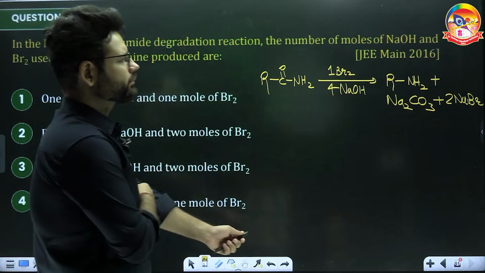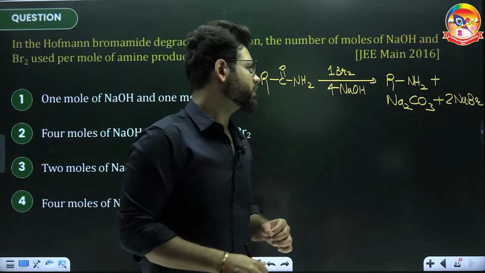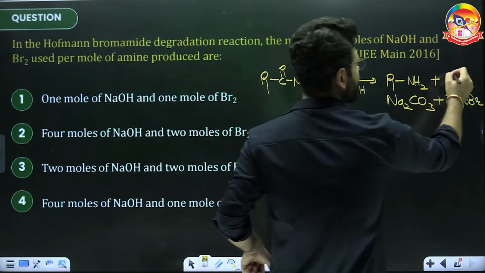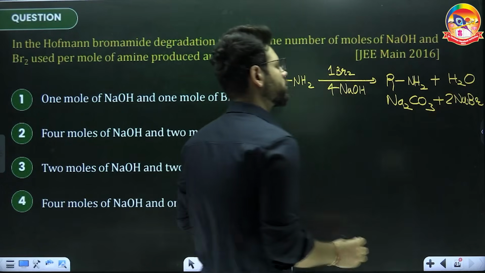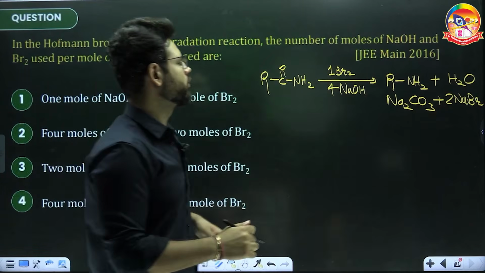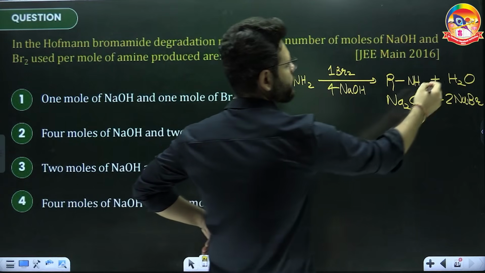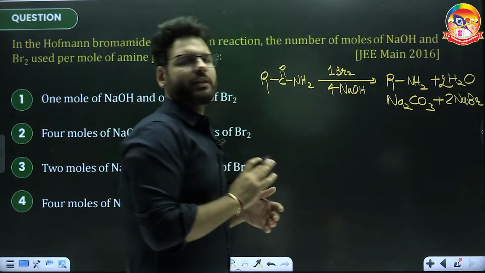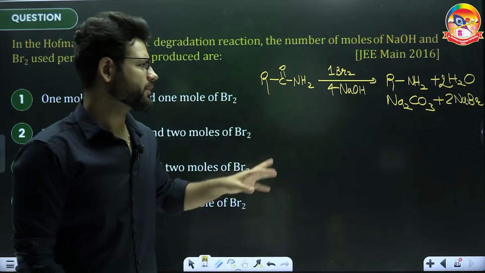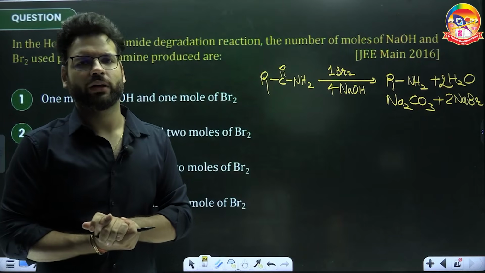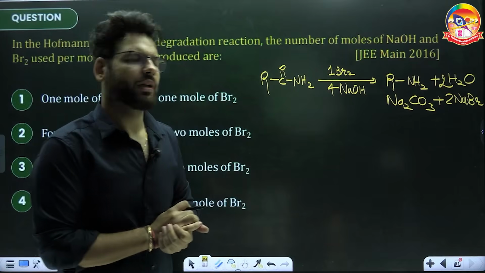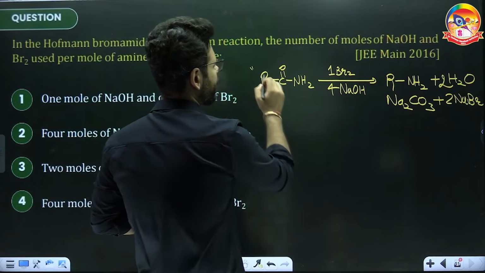In that case, you will be able to do this question easily, and water molecules will also be there: Na2CO3 and 2 moles of water. Its mechanism is not there in the NEET syllabus, but if you want, you can do it. It's not a very tough mechanism, but it's not in your syllabus. You can leave the mechanism part.